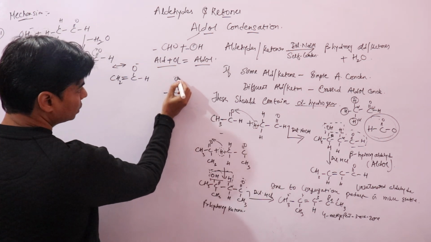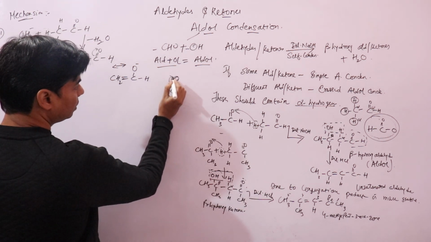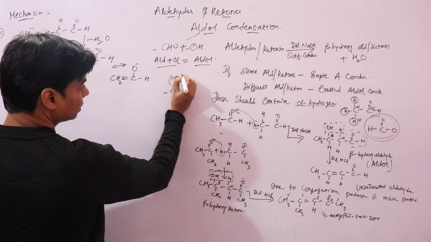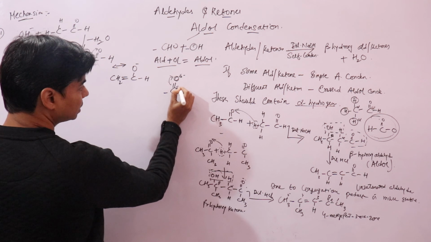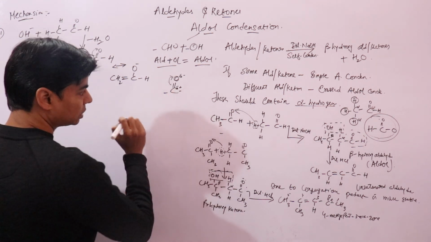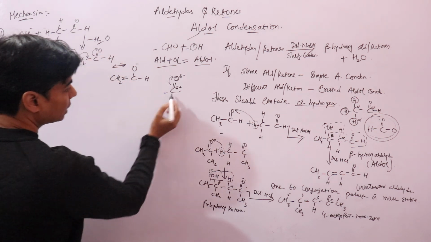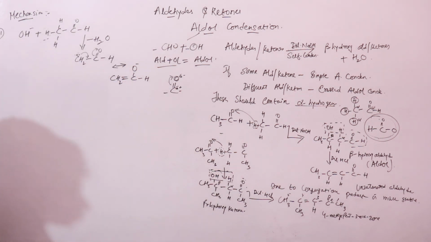Oxygen is more electronegative, so it will pull the pi electrons towards itself, giving it a small negative charge, and the carbonyl carbon will get a positive charge. So now this enolate ion will attack this positively charged carbon.